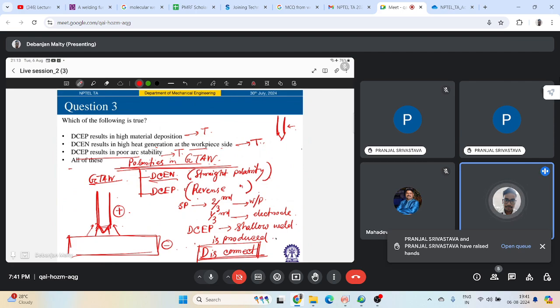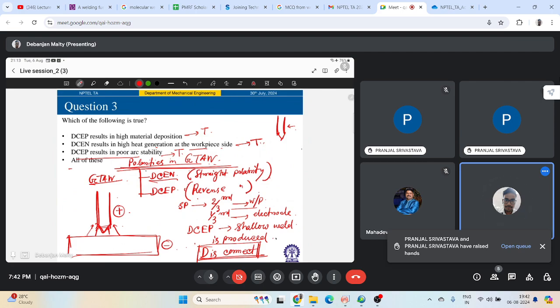So whatever you connect to the positive terminal, which is called the anode, most of the heat will be generated at that side, right? Two-thirds of the heat will be generated at the anode side or the positive side, and the rest at the negative side.